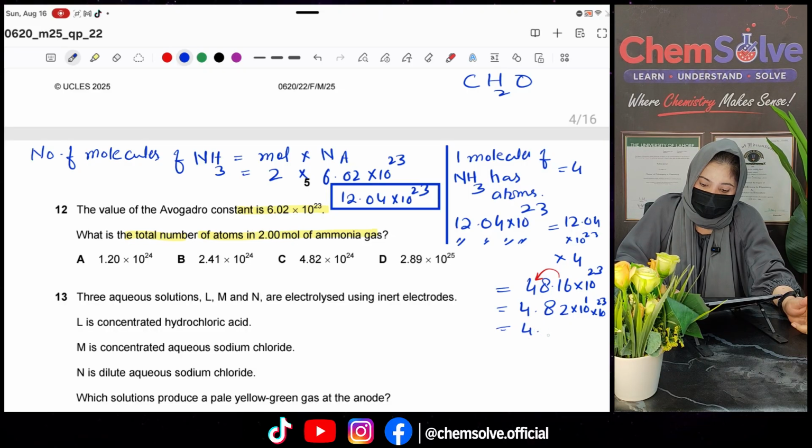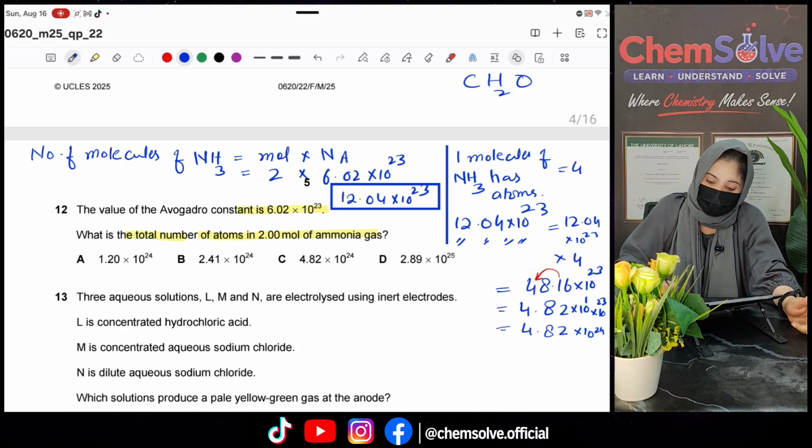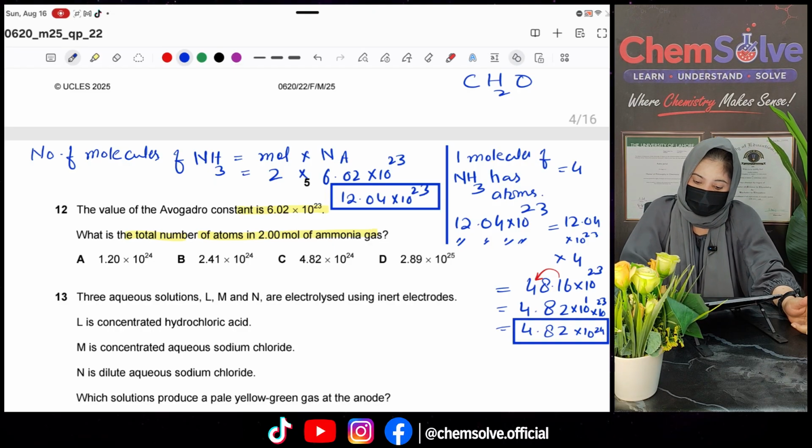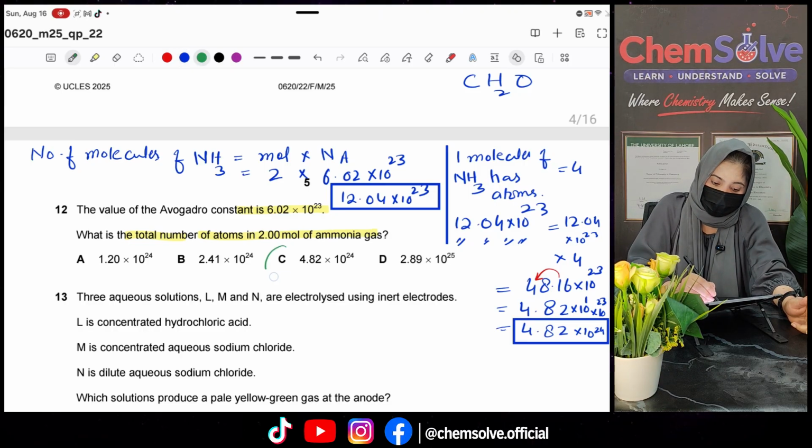So 4.8 × 10^24. This would be our final answer. And of course, the correct option is option C.